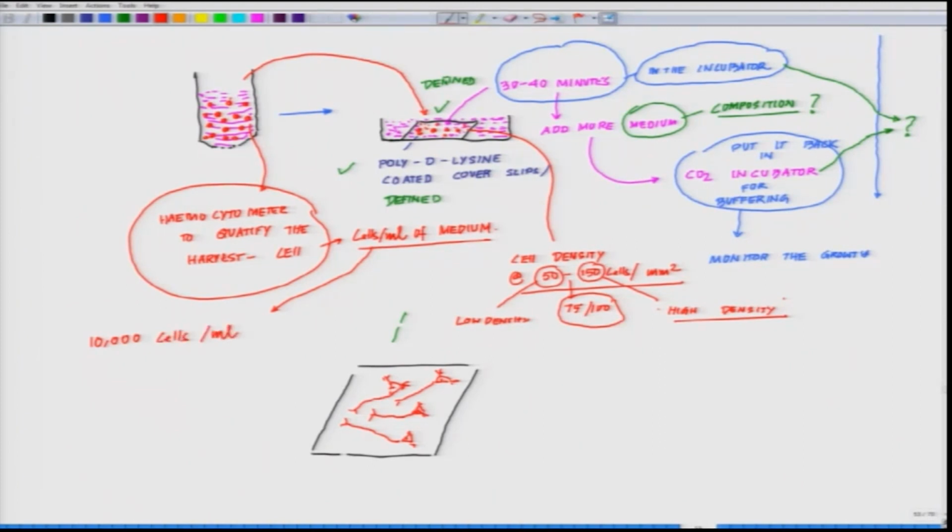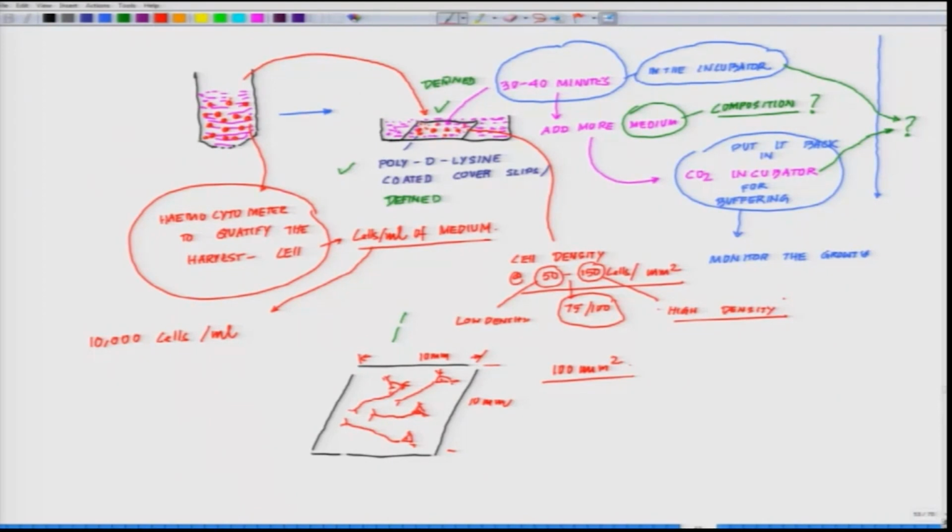Okay. Now, I want to plate in a cover slip of whatever size; I am not defining that at this stage. Let us take a number now. Say I have a cover slip of 10 millimeter by 10 millimeter, so that makes it 100 millimeter square.